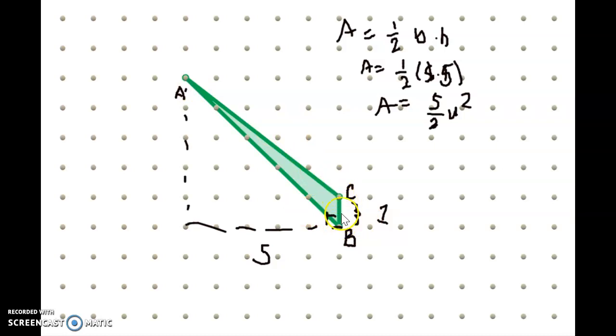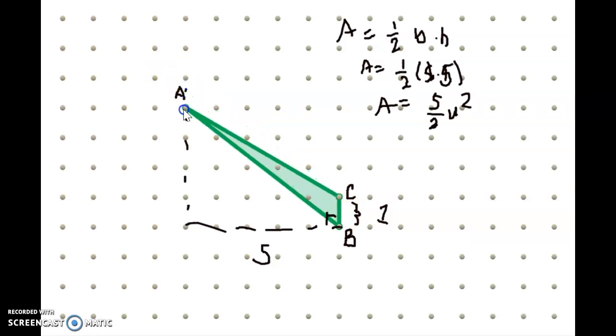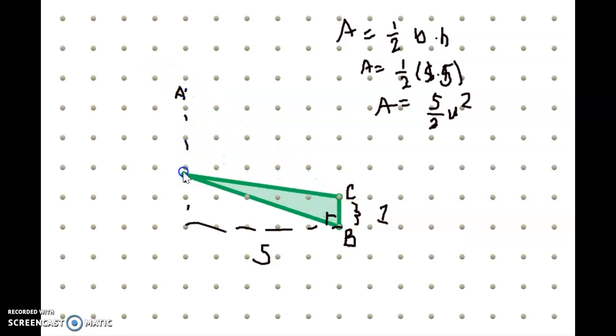So we already know that the base is this right here, that is listed as 1 unit. We are going to move the point A parallel to the fixed base so that we can create a right triangle. And a right triangle contains a 90-degree angle.